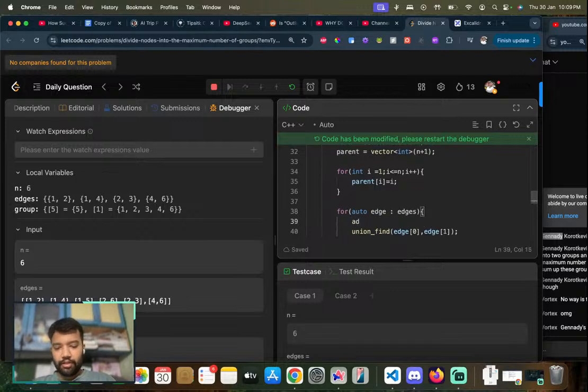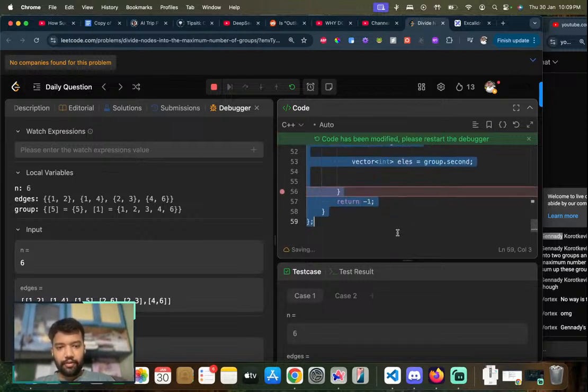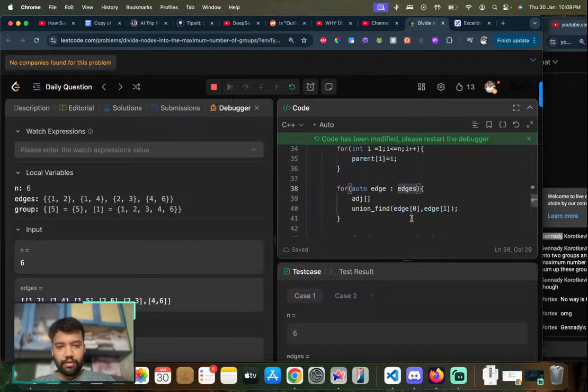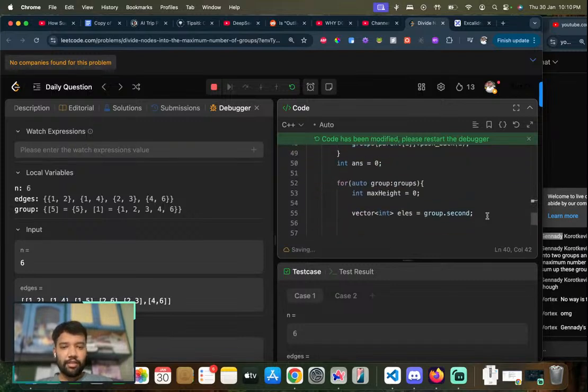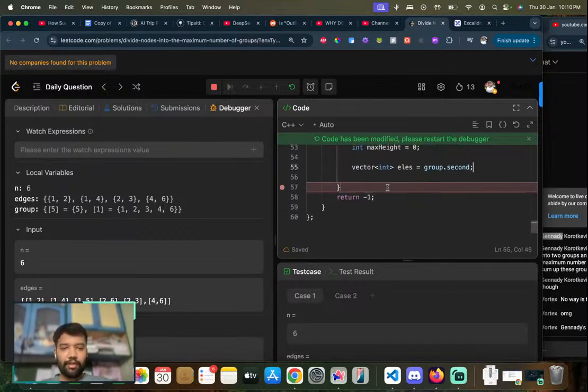We fill it here. adj of 0 dot push back of 1, and vice versa, adj of 1 push back 0, because it is a bidirectional graph.